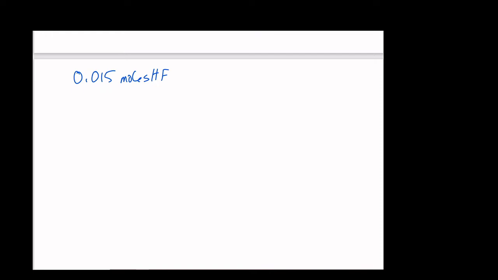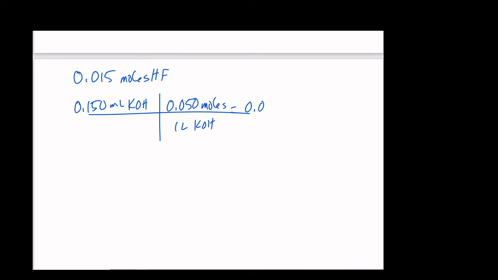Now I'm going with 0.150 liters of KOH, and I've got 0.050 moles per liter KOH, and that gives me 0.0075 moles.